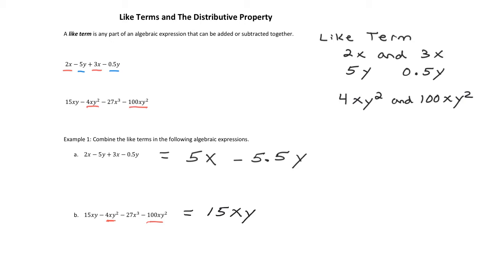But we have negative 4xy squared. I'm subtracting 100 more. That's going to be minus 104xy squared. Now we have this negative 27x cubed. That can't be combined with anything else. So here we go. This is the final answer. We've combined all like terms, we've simplified the expression, and that's it.